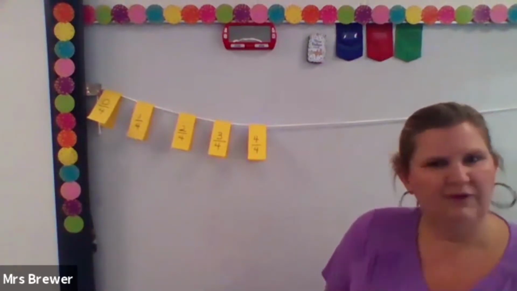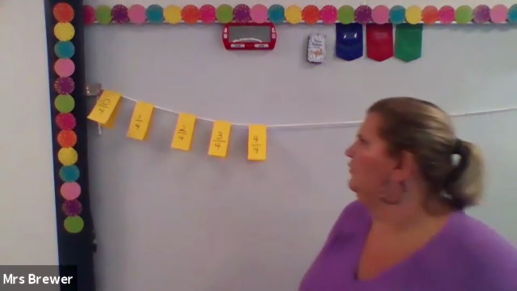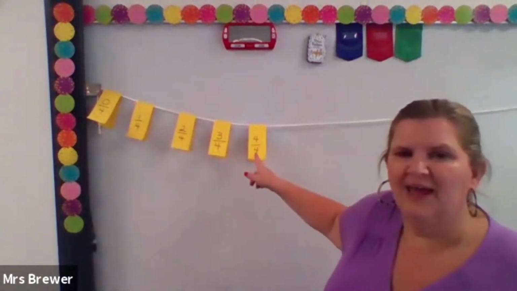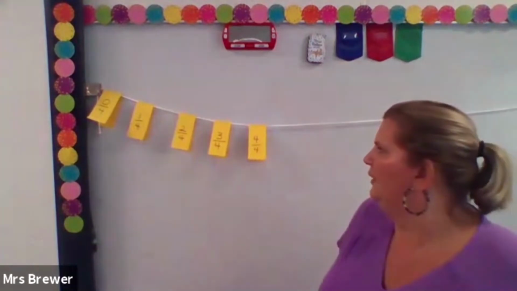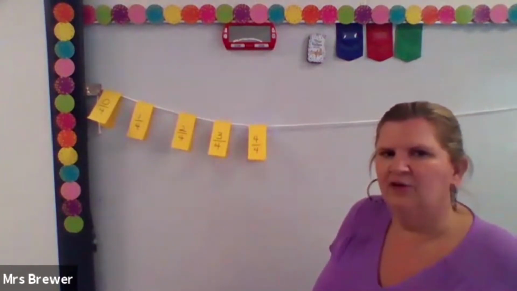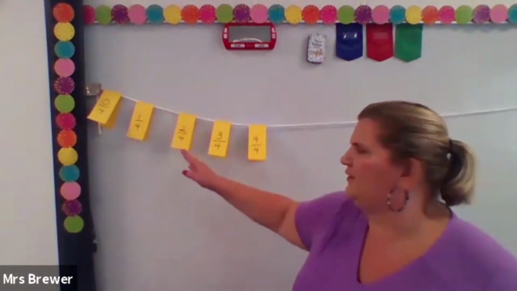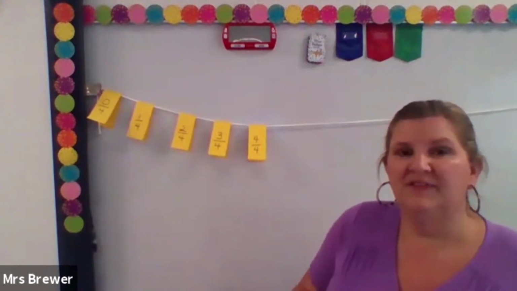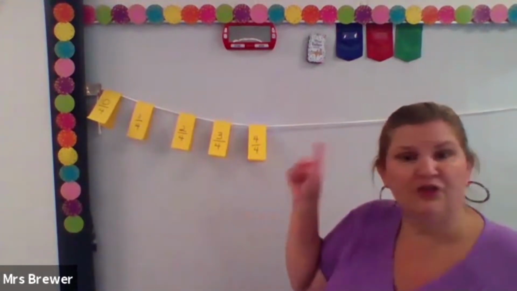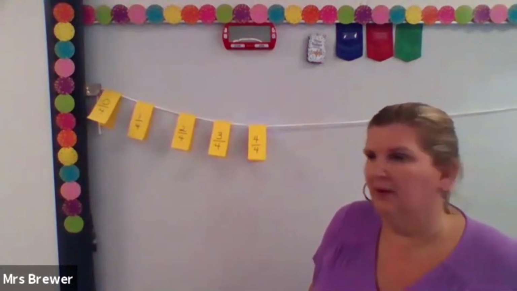So let's figure this out, okay? So here I have 0, right? And here you said I have 1. So how many pieces should my number line be broke into between 0 and 1 if we're talking about 4? You're exactly right, 4 pieces. So let's check, boys and girls, and see if we're right, okay?